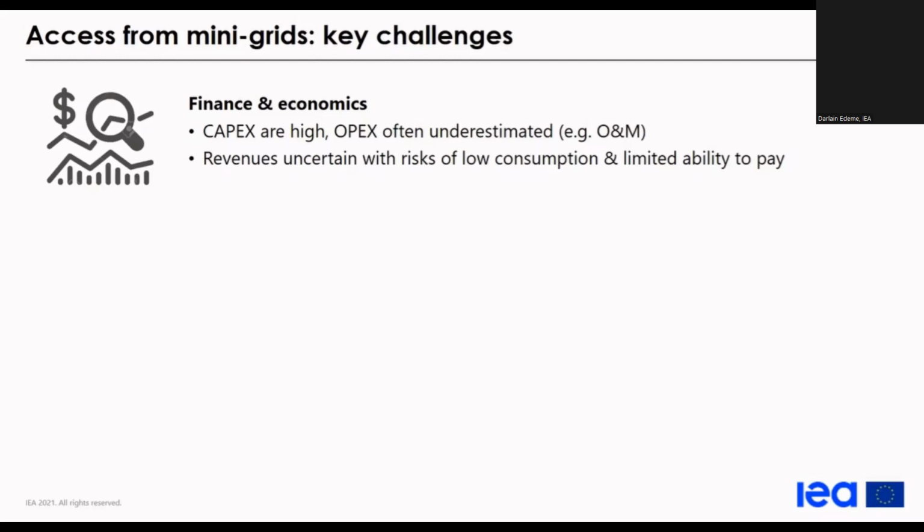And on the contrary, revenues might be uncertain, with risk of low consumption and low ability to pay from households, for example, or the need for an anchor client like a telecom tower or a hospital or a strong commercial or industrial customer to be the main customer, to ensure that it's economically possible to also provide electricity to smaller customers such as households.